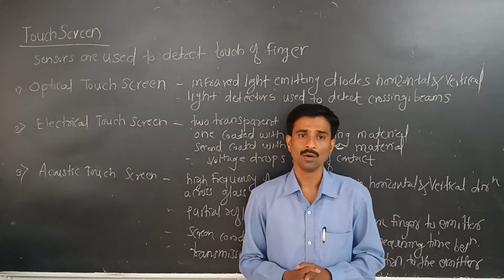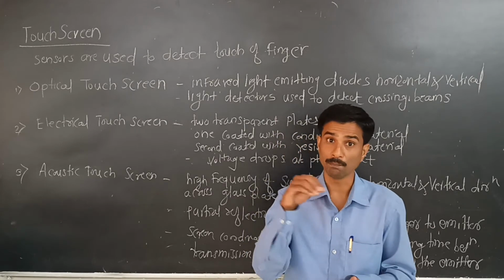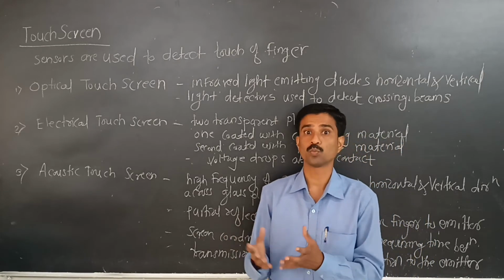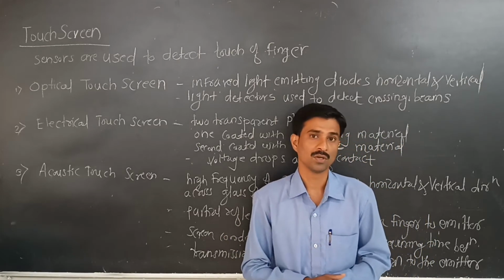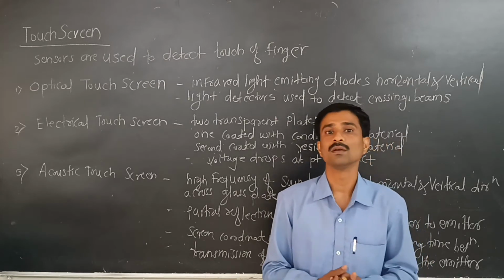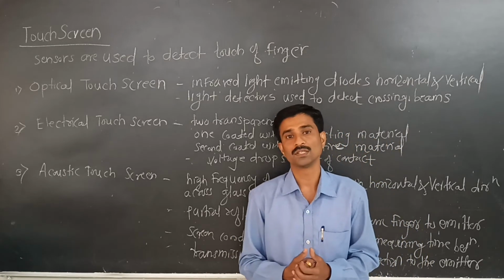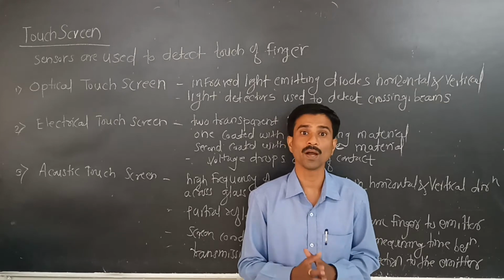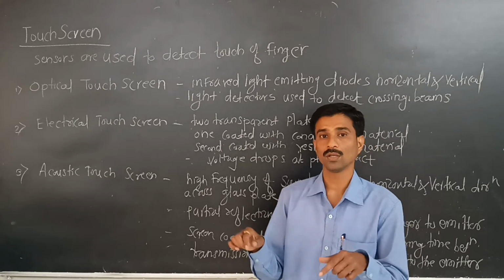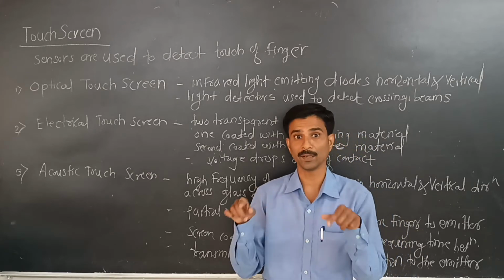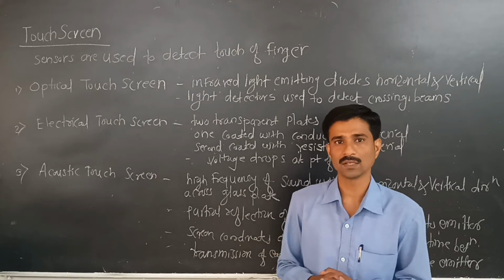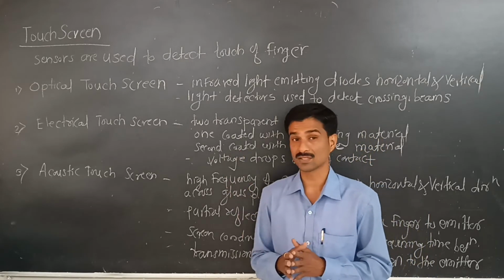We touch the different menus on those devices to output something on that screen. You have already seen this type of device, like mobile, billboard, ATM display. Varieties of displays use the touch screen.